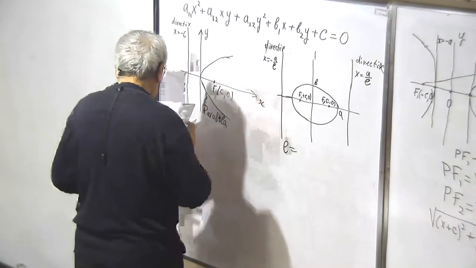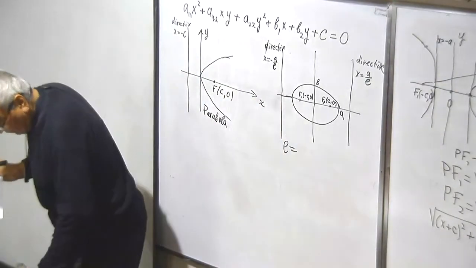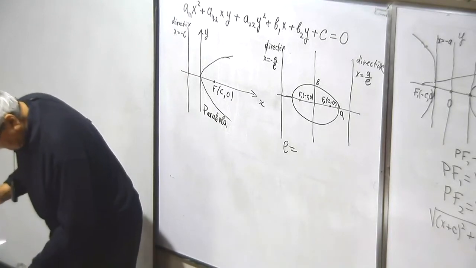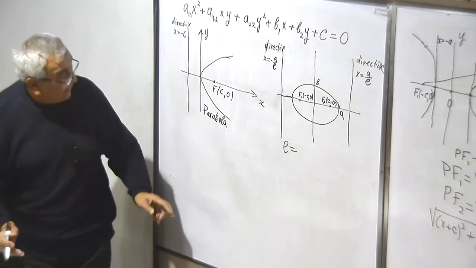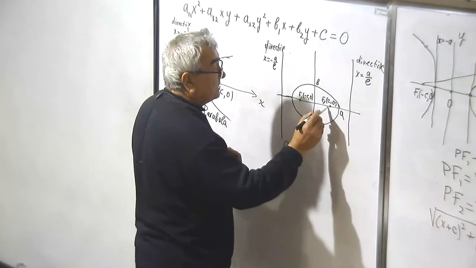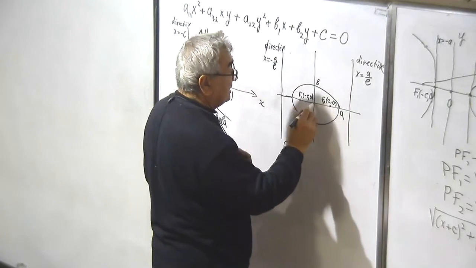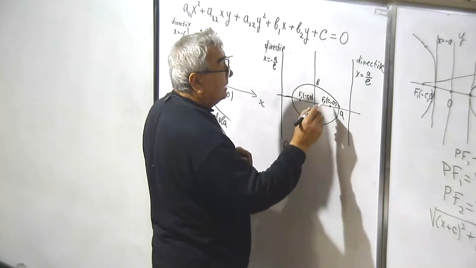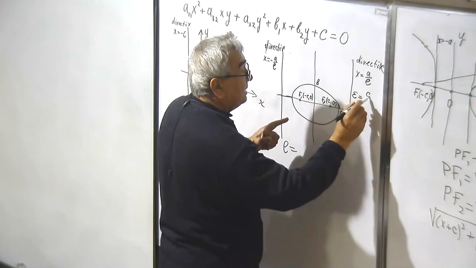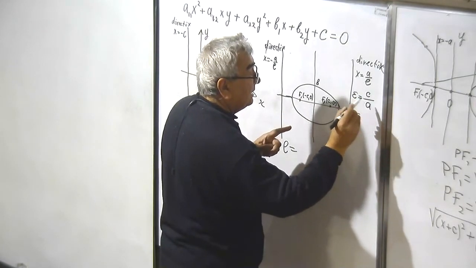Eccentricity we define by the following formula: eccentricity equal to c divided to a.